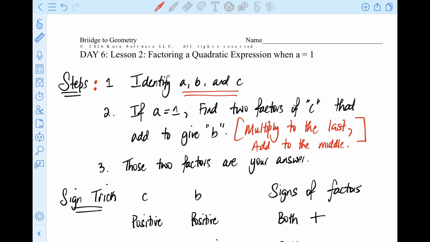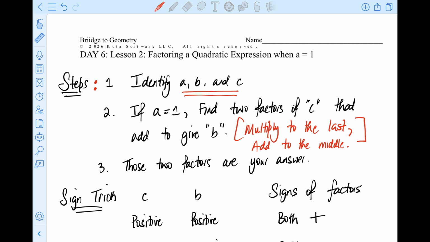The reason why I said if A is equal to 1 is because factoring a quadratic expression has two parts. The first part is factoring a quadratic expression when A is equal to 1, and then factoring a quadratic expression when A is not equal to 1. Factoring a quadratic expression when a is not equal to 1 is more advanced, definitely.